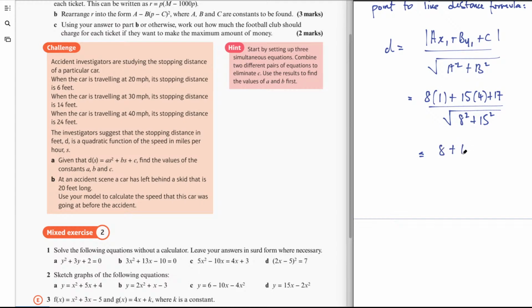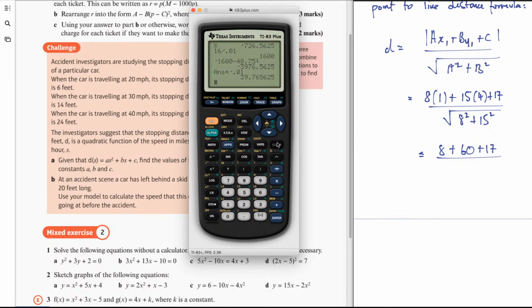Eight plus 60 plus 17 over, actually let's just get a number for that. The square root of 64 plus 15 squared, I don't remember what that is. 17.